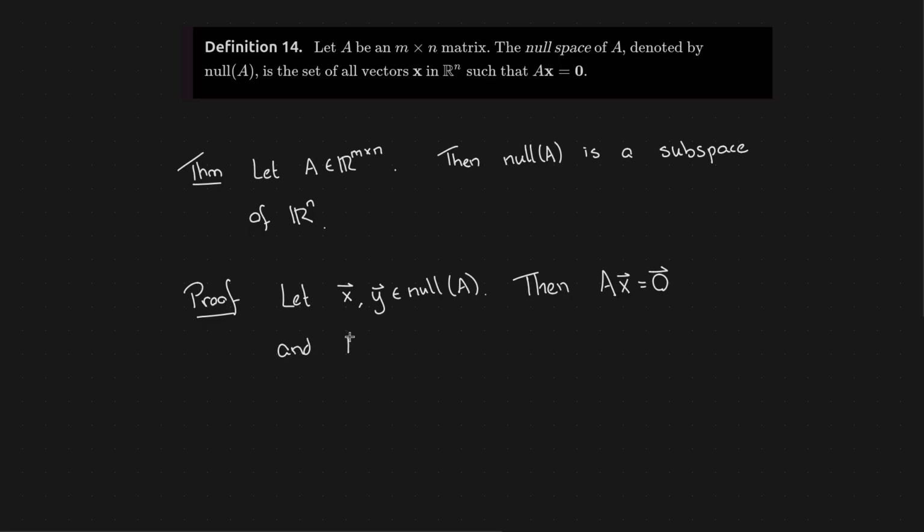And if we take A and multiply it by vector y, we get the 0 vector. That's what it means to be in the null space.